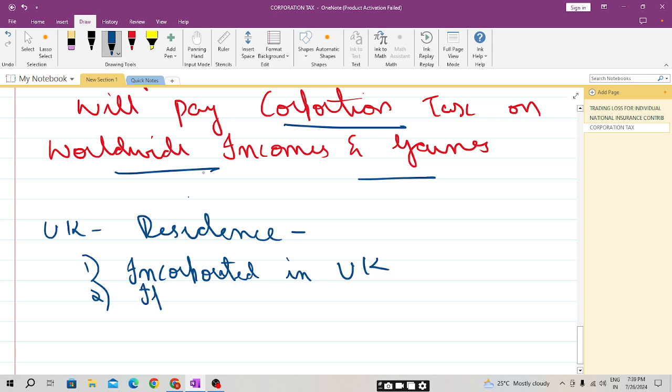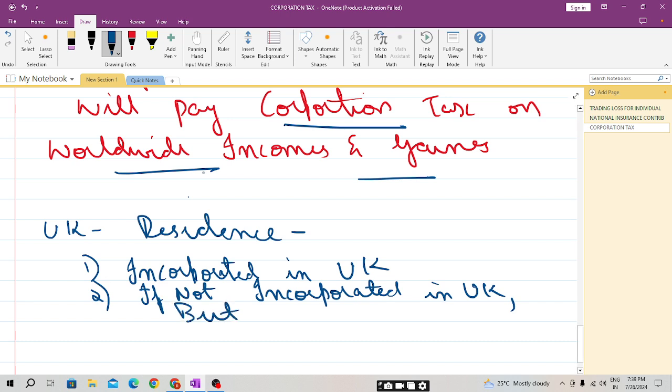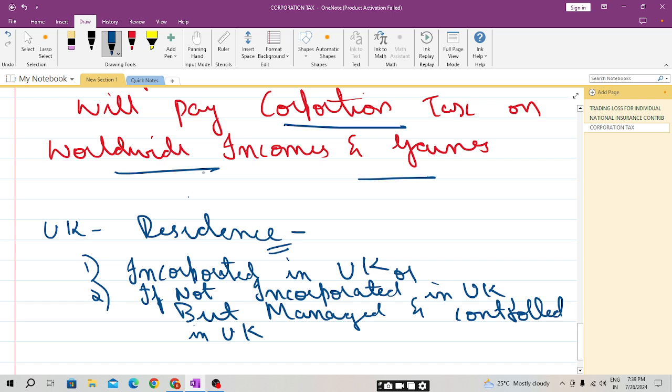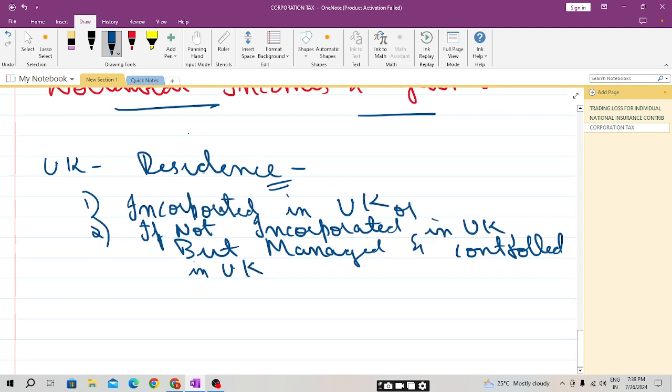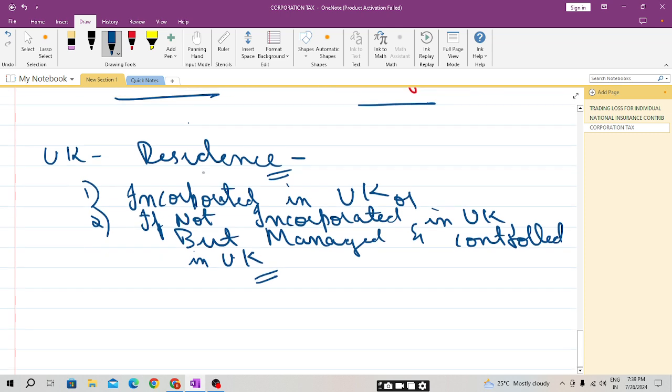If not incorporated in UK but managed and controlled in UK, the company will also be a UK resident. Either it is incorporated in UK, or if it is not incorporated in UK but centrally managed and controlled in UK, then the company will be a UK resident.